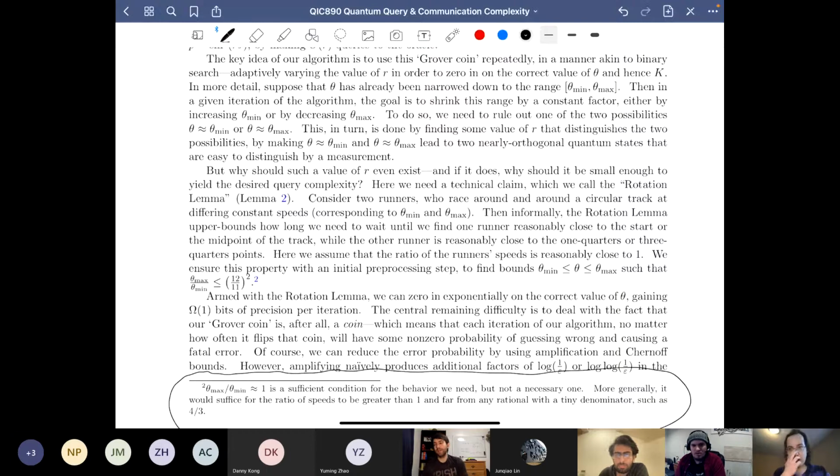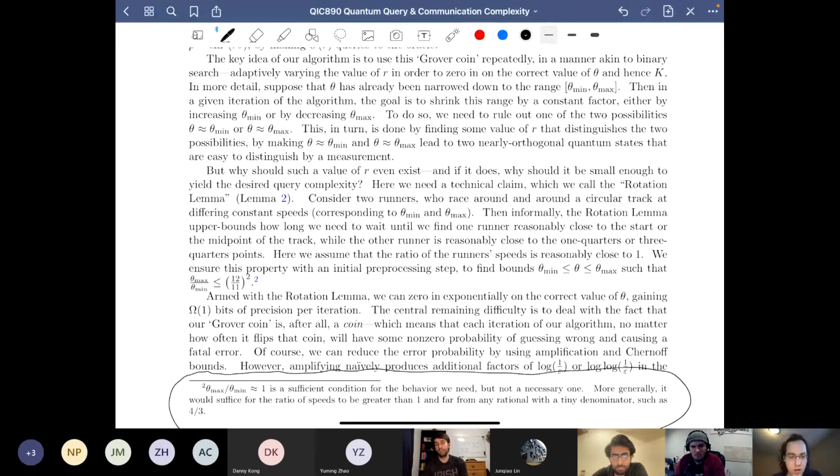And also, something that helps me think about it is, I think the key part is when they say that you need the ratio not be far from any rational with a tiny denominator, because you're applying an integer number of rotations, and therefore you need it to create a bunch of points which are somewhat dense in the unit circle, or around the circumference of it. So that eventually you do get close to this 90-degree angle between the two, so that both of the subspaces are orthogonal.